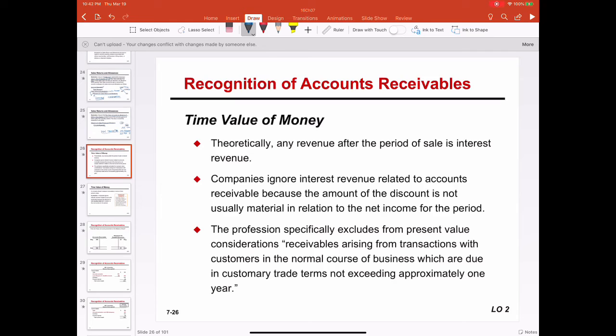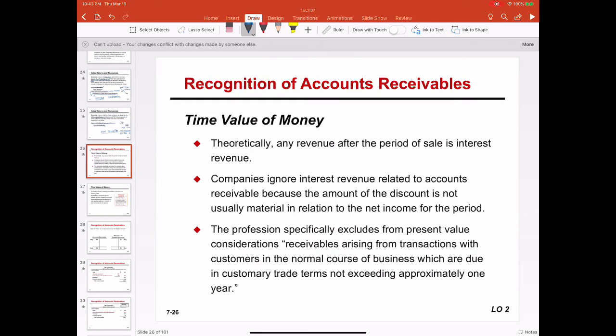Okay, in this part, I'm going to keep introducing accounts receivable recognition. We know the definition of receivable is claims held against the customer for money, goods, or services, mostly money.